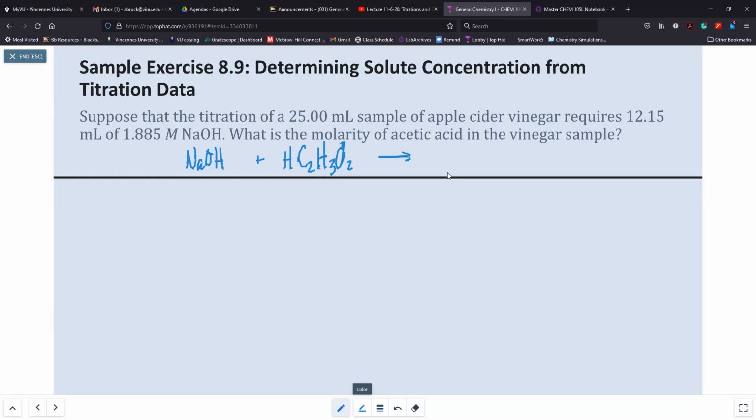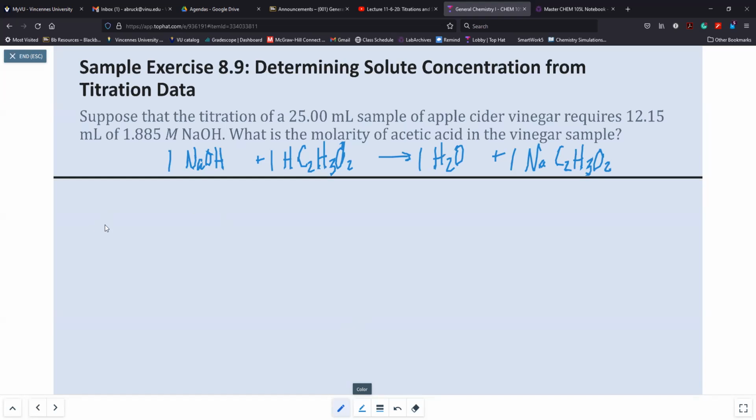This is a double replacement reaction again, so we're going to get water and sodium acetate as our products here. Quick inspection of the reaction shows us that this is a 1 to 1 to 1 to 1 reaction. It's already balanced.